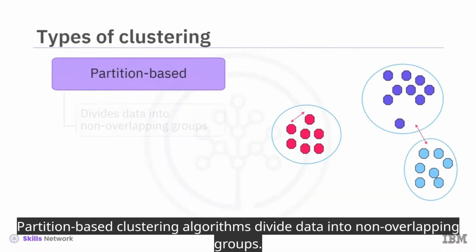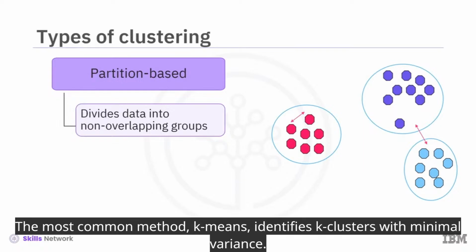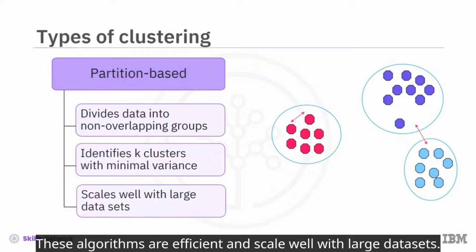Partition-based clustering algorithms divide data into non-overlapping groups. The most common method, k-means, identifies k clusters with minimal variance. These algorithms are efficient and scale well with large data sets.